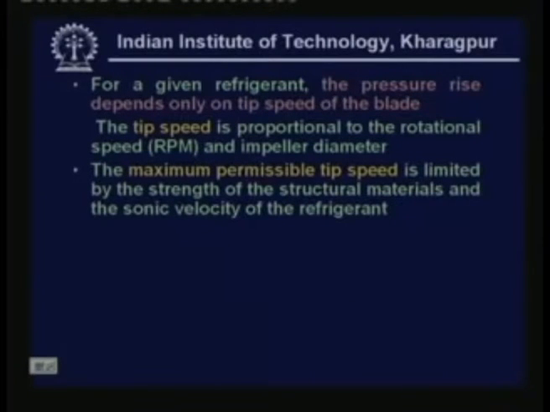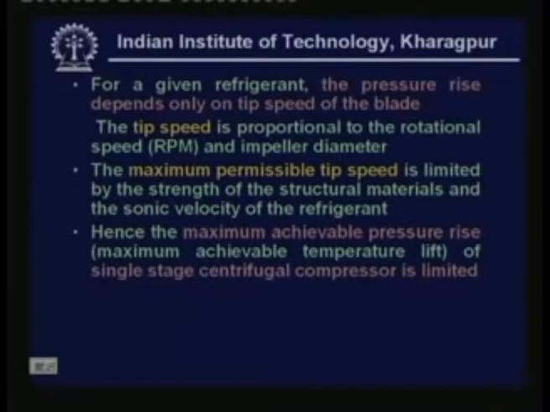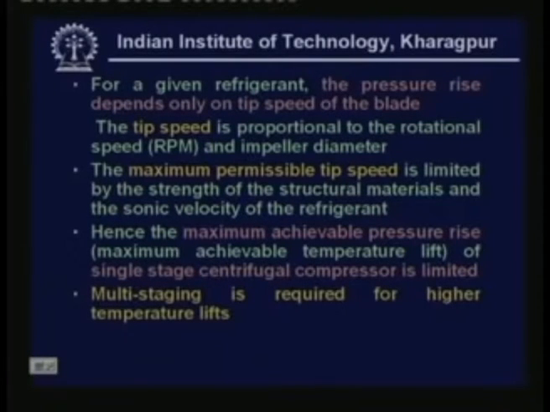The maximum permissible tip speed is limited by the strength of the structural materials and the sonic velocity of the refrigerant. Hence the maximum achievable pressure rise, which is related to the maximum achievable temperature lift of a single stage centrifugal compressor, is limited. So multi-staging is required for higher temperature lifts.